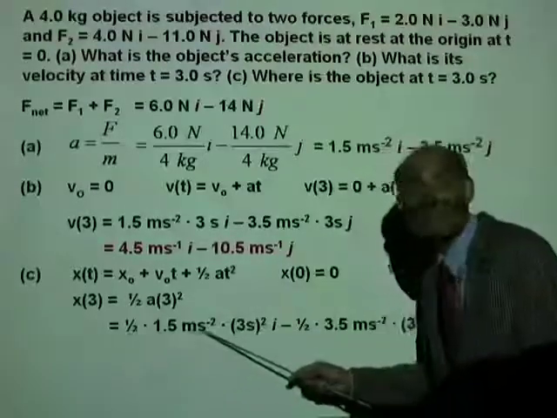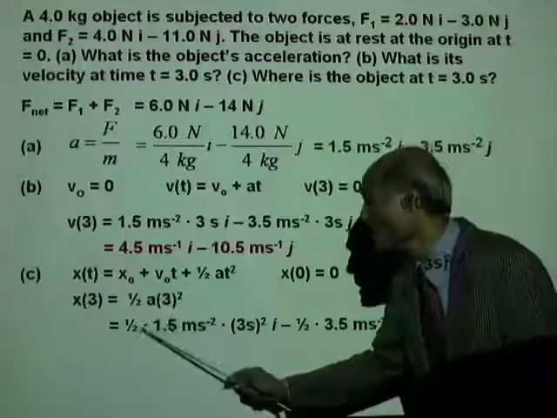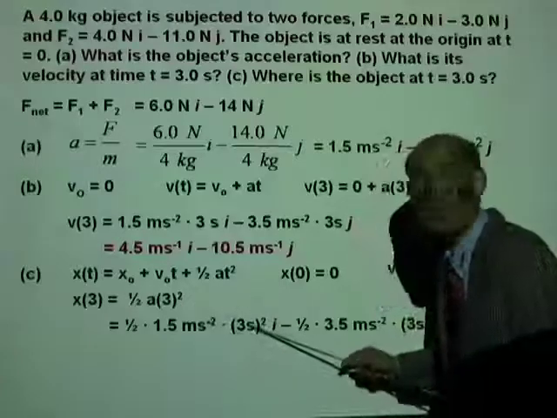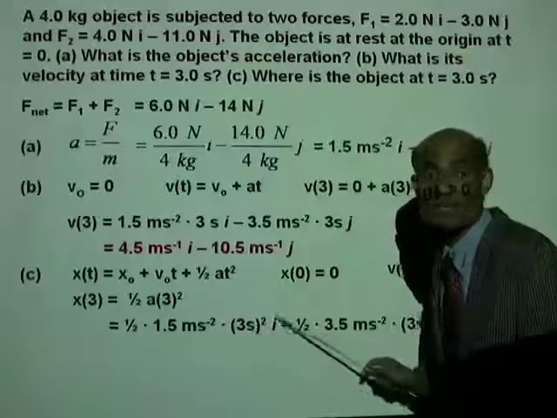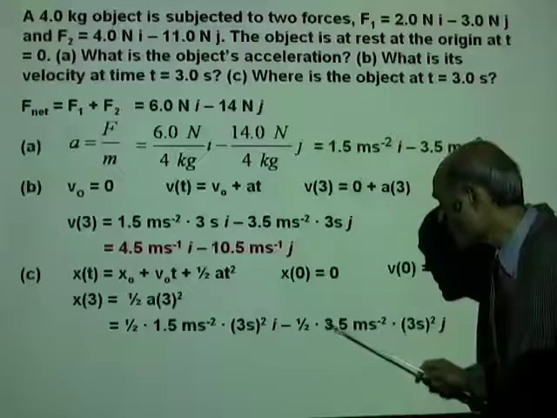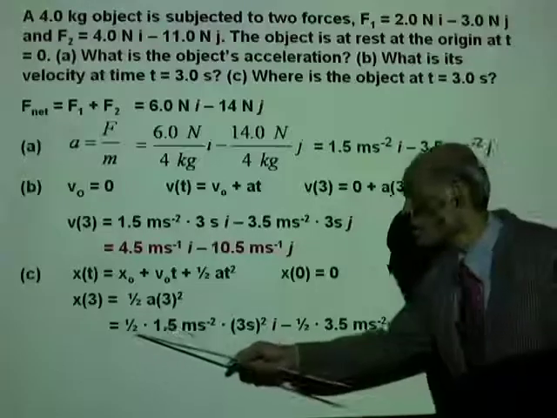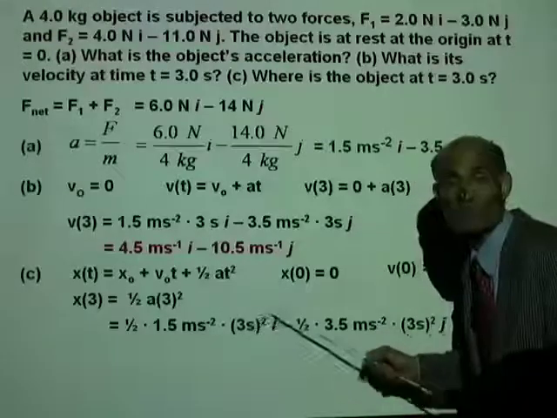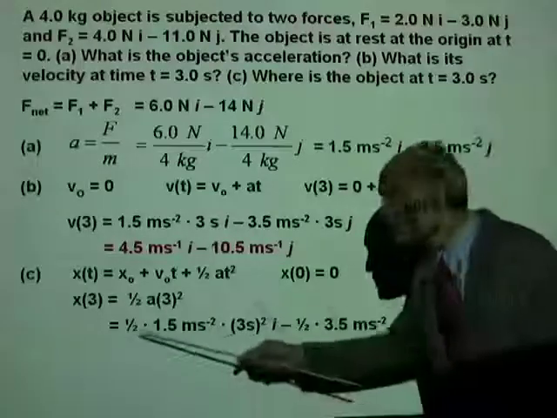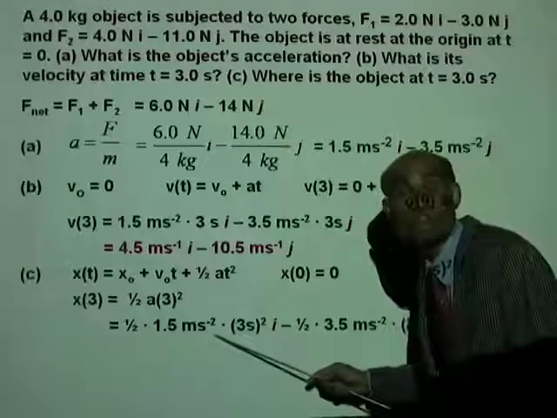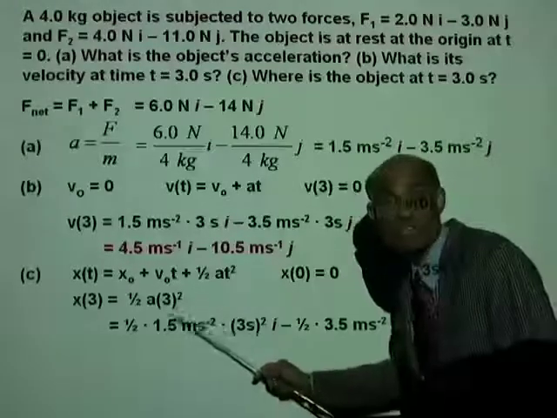This is the x position of the object at t equal to 3. 1/2 a t squared, where this a is the x component of the acceleration, minus 1/2 a t squared, that is the y component. So this is the x component of the position, because this is the x component of the acceleration.